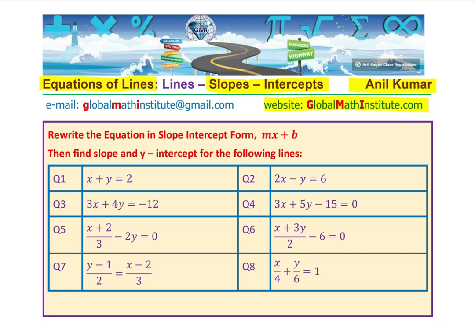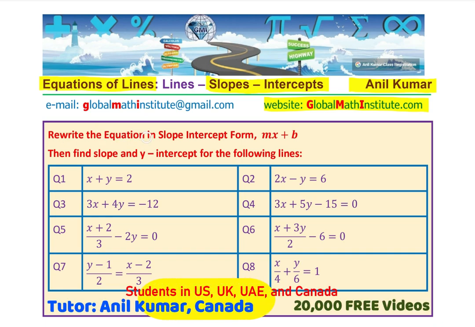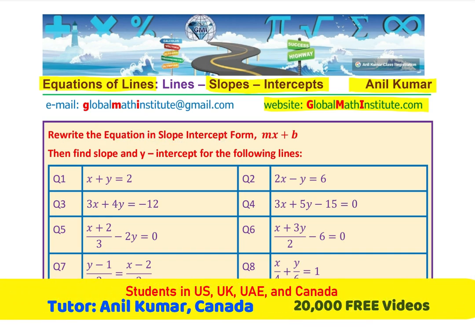The question here is, rewrite the equation in slope-intercept form, which is y equals mx plus b. Let me rewrite y equals mx plus b. Now in this, m gives you the slope, right? So m is the slope.